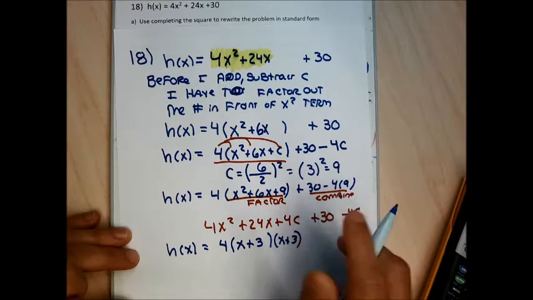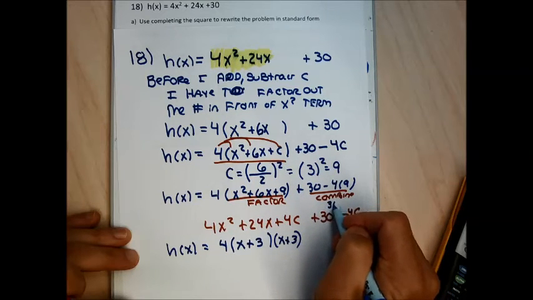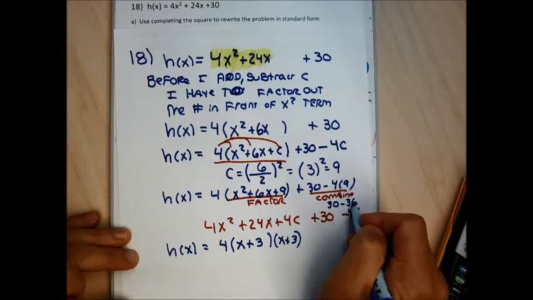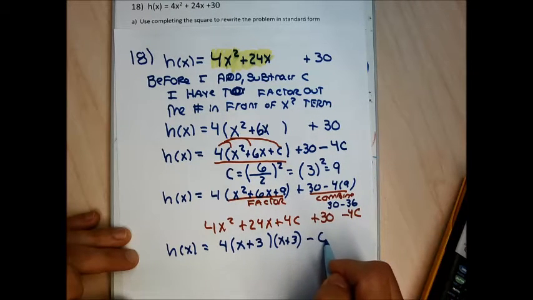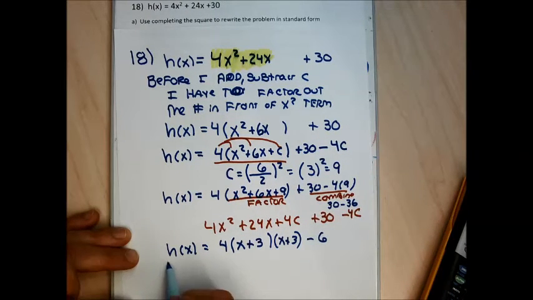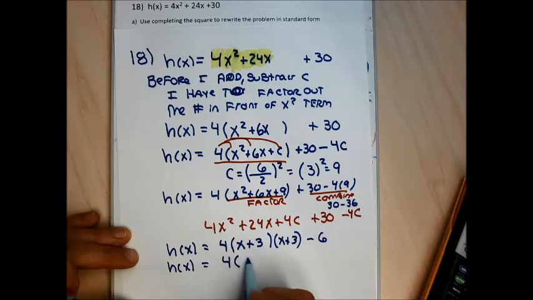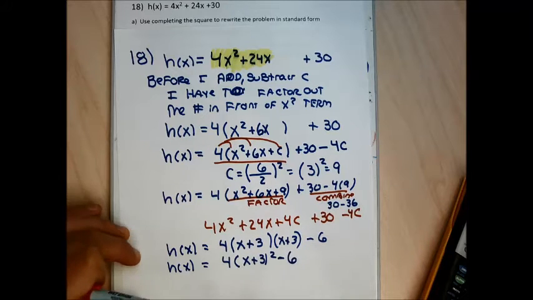And this is going to be 30 minus 36, because when you do order of operations, you do the multiplication first. 30 minus 36 is negative 6. So my answer to part A, rewriting the problem so I can tell you how the graph compares to the graph of f of x equals x squared, is going to be 4 times x plus 3 squared minus 6.